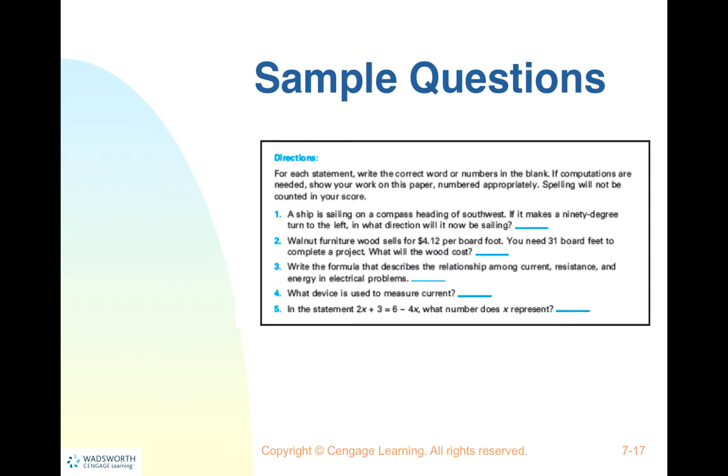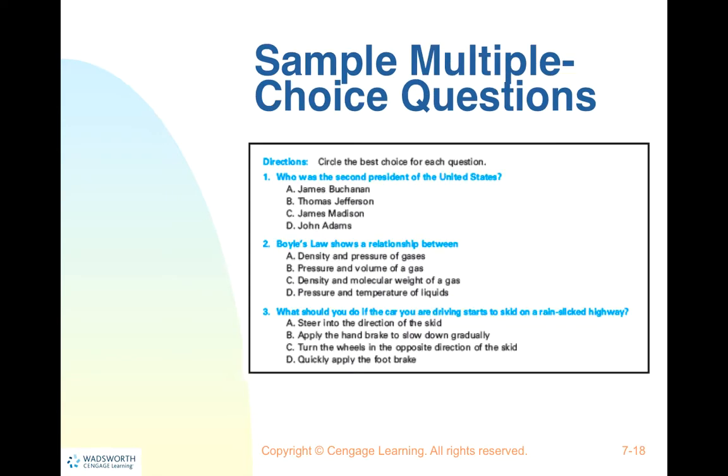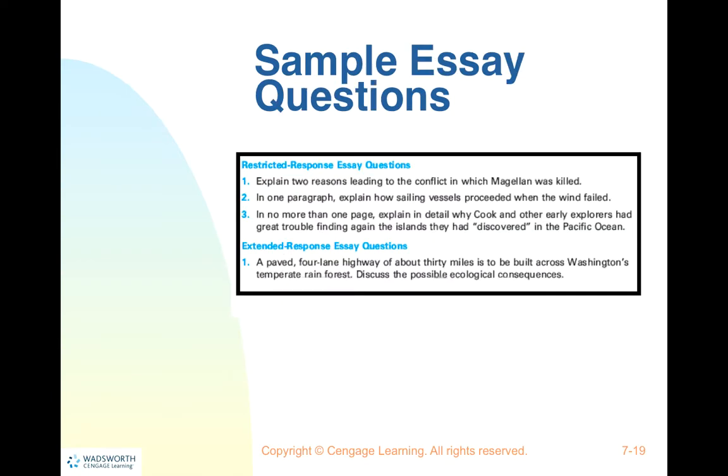Here is a completion type question. Some multiple choice. And then essay. And again, it can include open-ended response that maybe is not as long as an essay, but it still has that same feel.